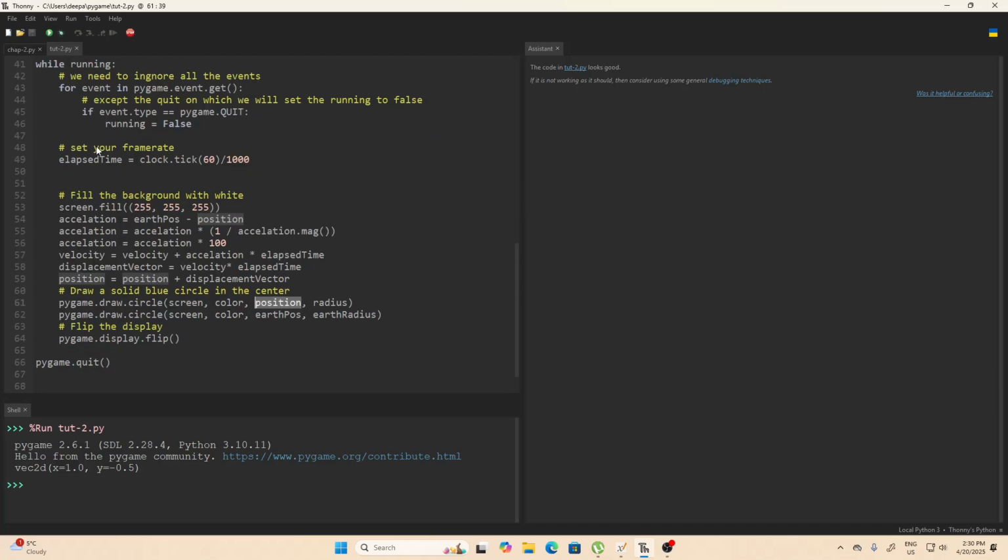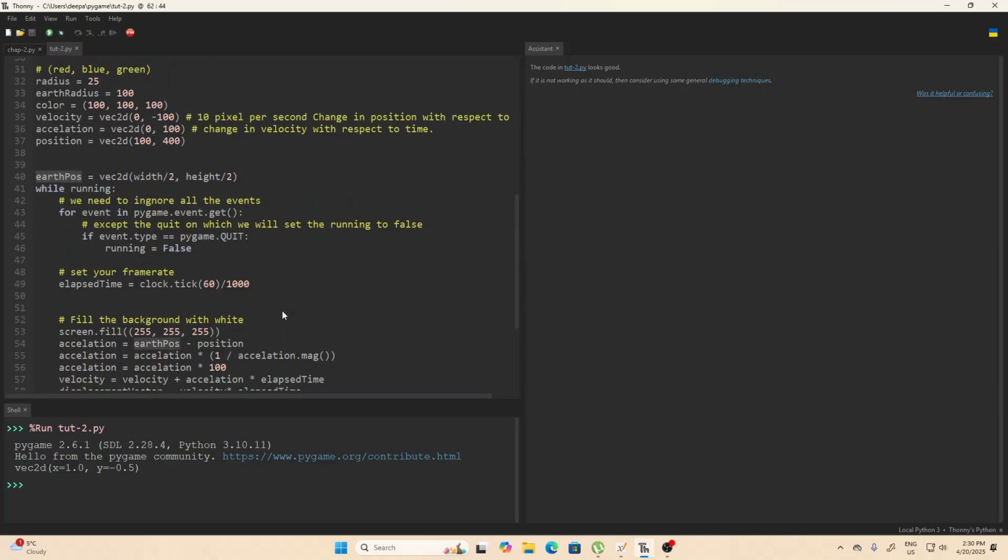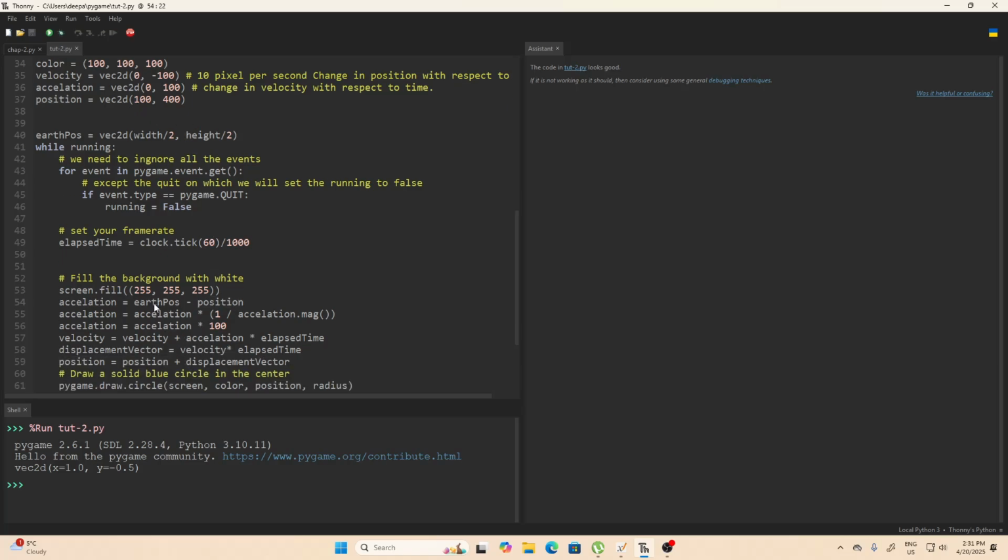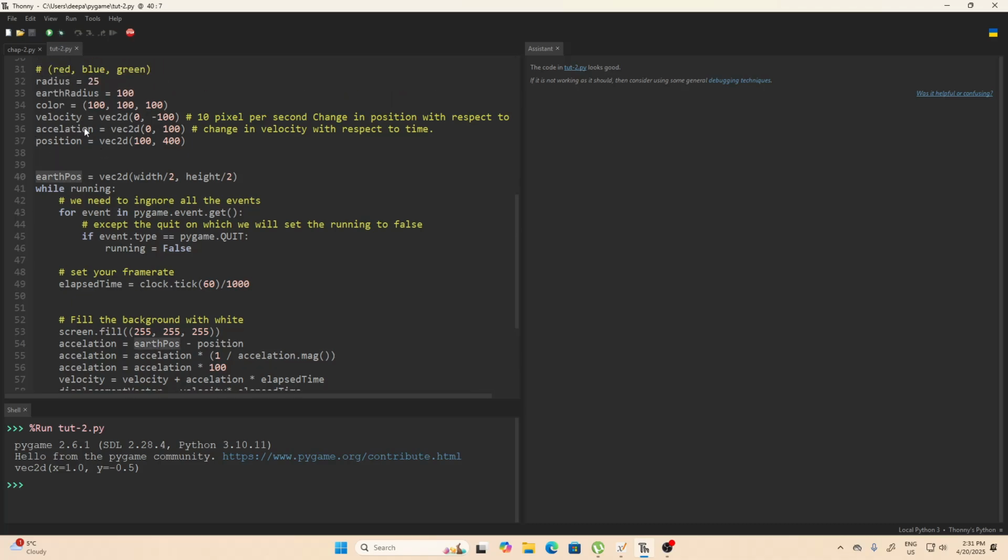Where is the position of the earth? That's the moon's position. Oh, so we are calculating the earth position. The earth position is here, right? So the position of the moon we want to calculate, let's say.